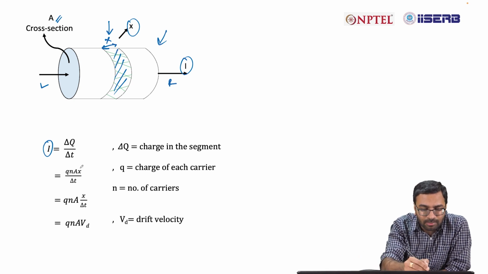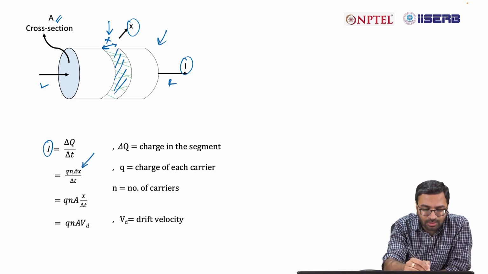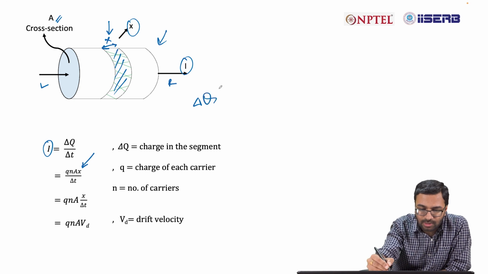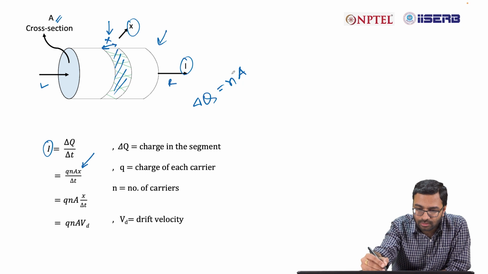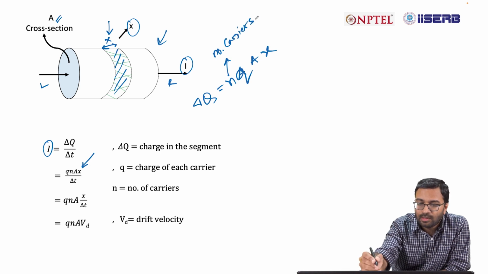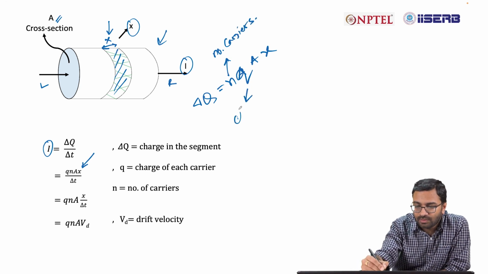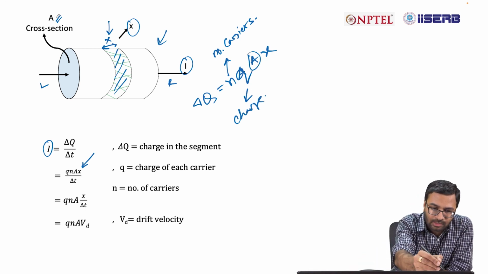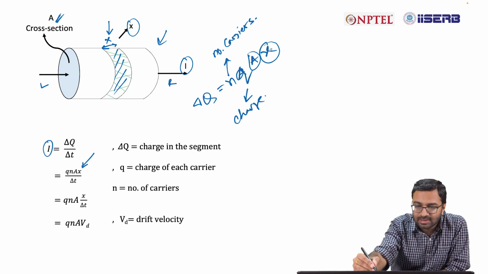Now del q can be expressed using this formula: del q is equal to n into q into A into x, where n is the number of carriers present, q is the charge of each carrier, A is the cross section, and x is the width.